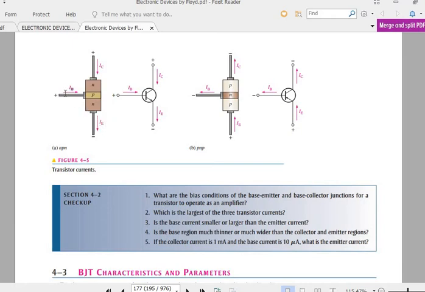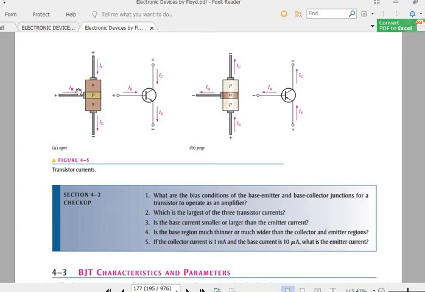This is the direction of the current. From the base it is the input direction, and IC has the inverse direction, towards the emitter. Why? Because it is ground.